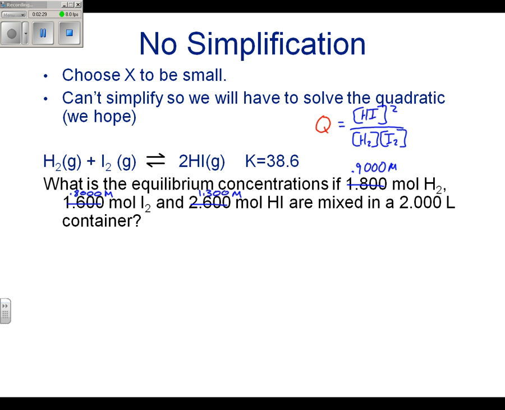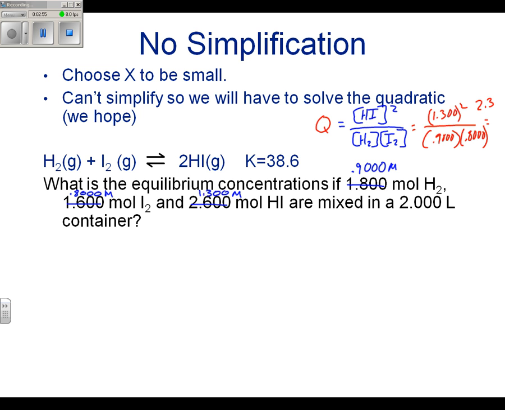All right, if we plug in these amounts that I have here in blue into this to get my Q, I get 1.300 squared over 0.9 times 0.8000. All right, so it gives me a Q of 2.3.